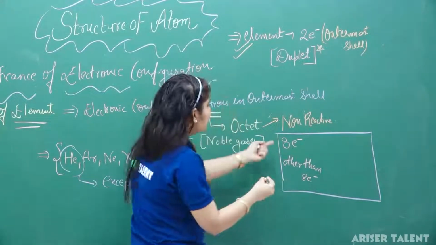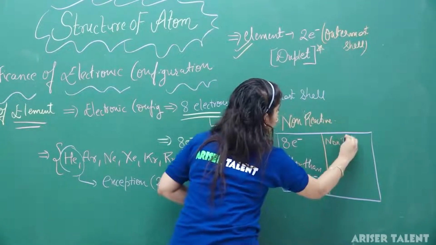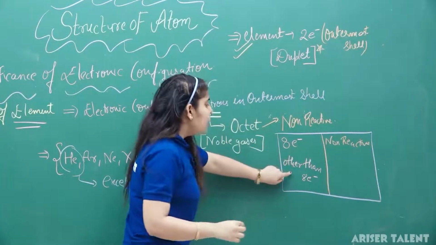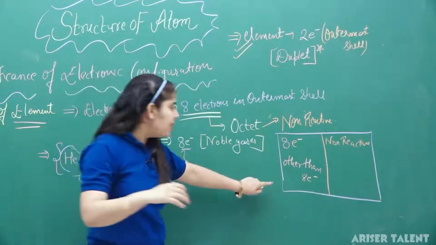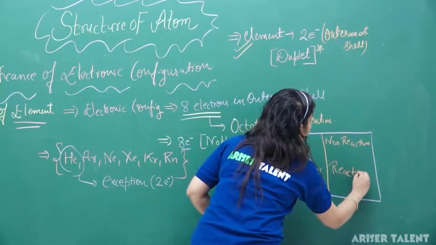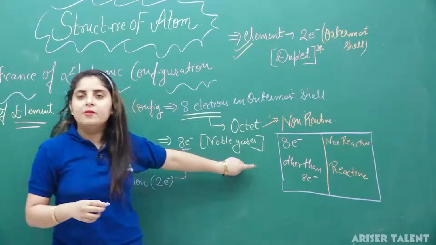If an element has 8 electrons, it is non-reactive, and if it has other than 8 electrons, the element will show some sort of reactivity. This is the generalization for reactive or non-reactive elements.